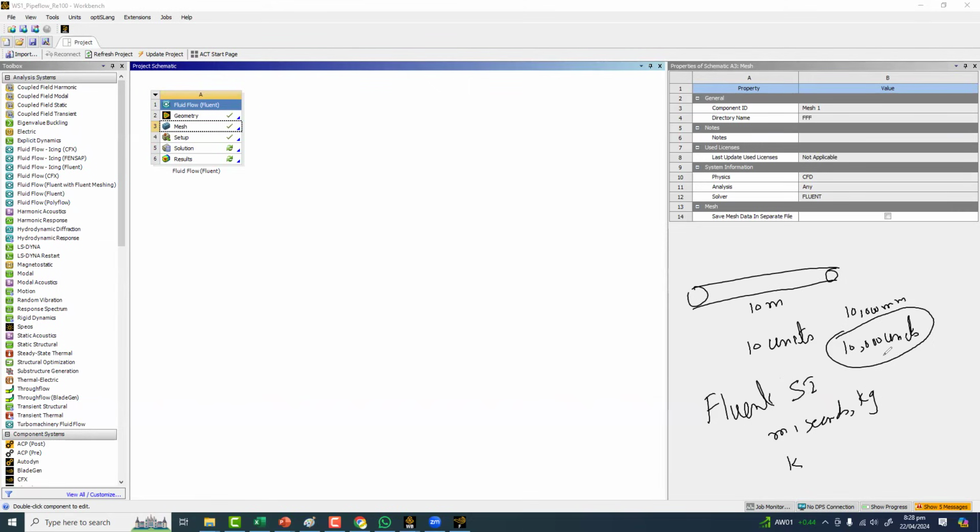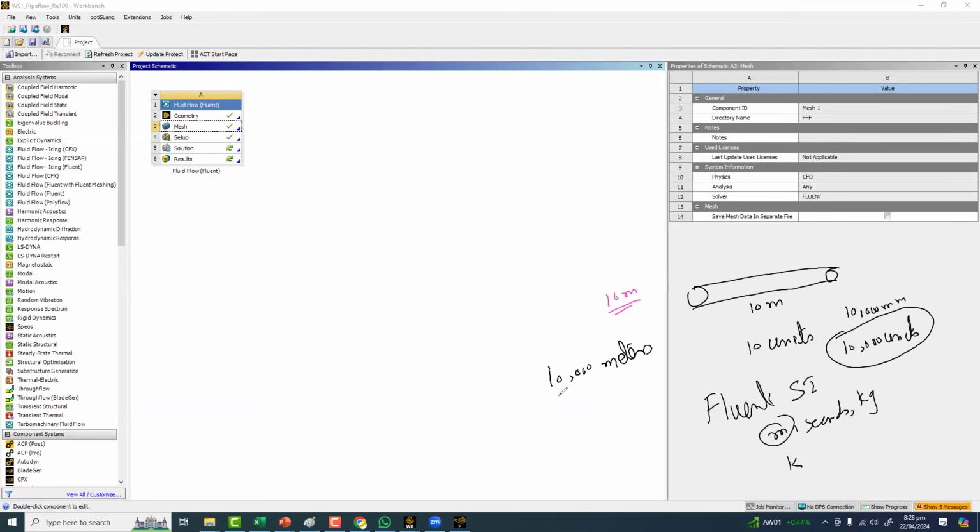So whenever we take a mesh from some meshing software outside ANSYS, in the old times, it was now 10,000 units. But because Fluent has a tendency to always work with meters, it will assume this is equal to 10,000 meters. Now imagine the geometry was made in millimeters, and it was 10,000 millimeters, and in meters it should be 10 meters.